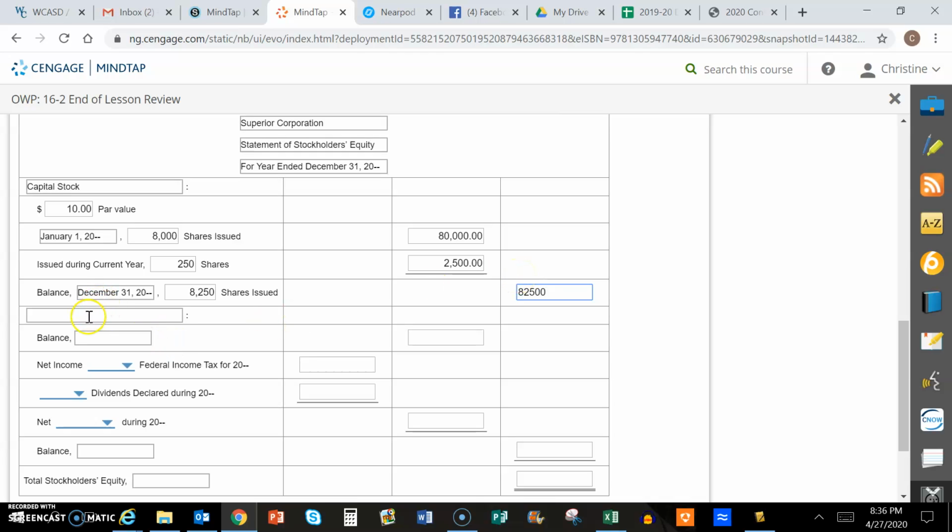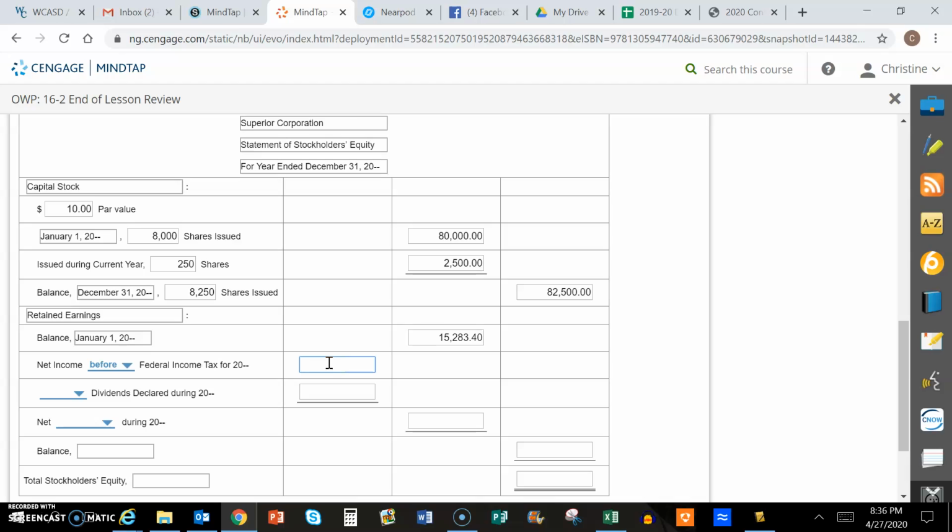The next section is your retained earnings. This is money that is retained in the business. The balance on January 1st was 15,283.4. Then your net income after taxes; you get this from your income statement, that other tab up there.